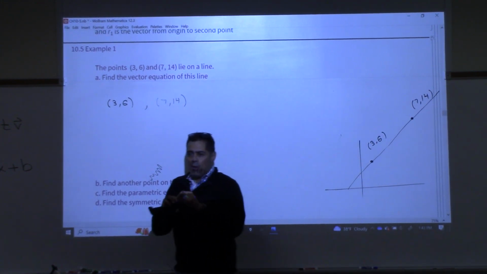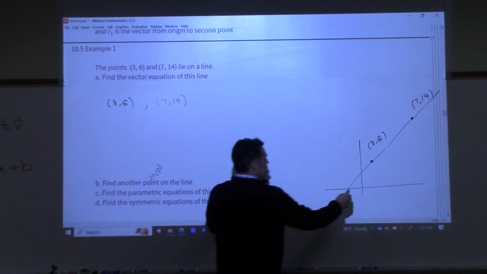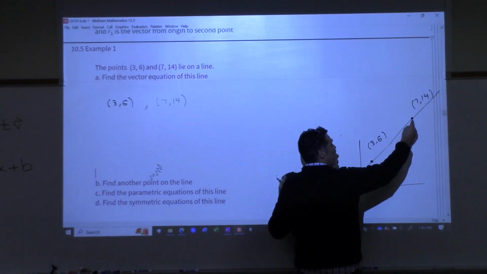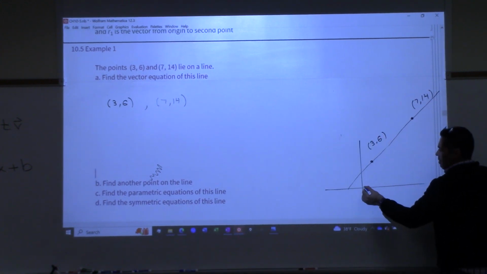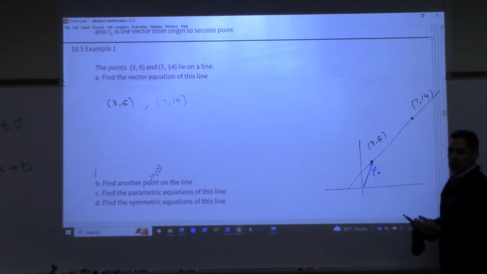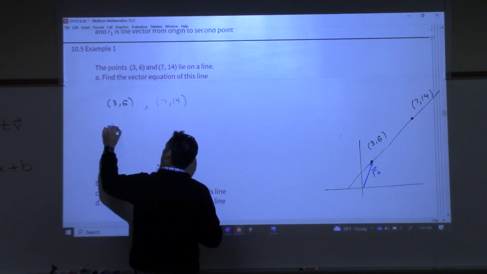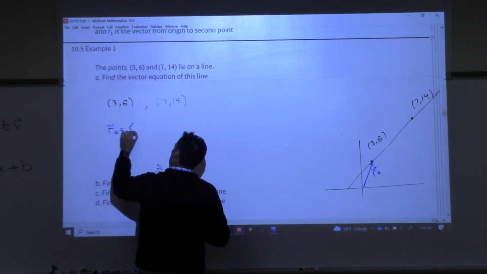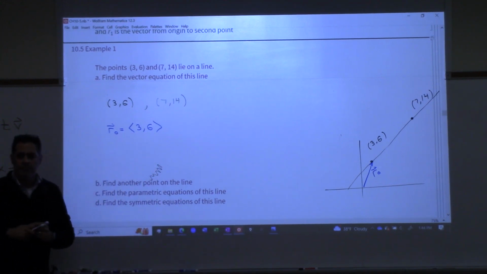I need to get from the origin to any point on that line. So I can go from the origin to here, or I can go from the origin to there. Completely up to me. I'm going to choose to go from here to here and define that to be my R0. So as a vector, R0 for me would be 3, 6. Okay, that's my R0.